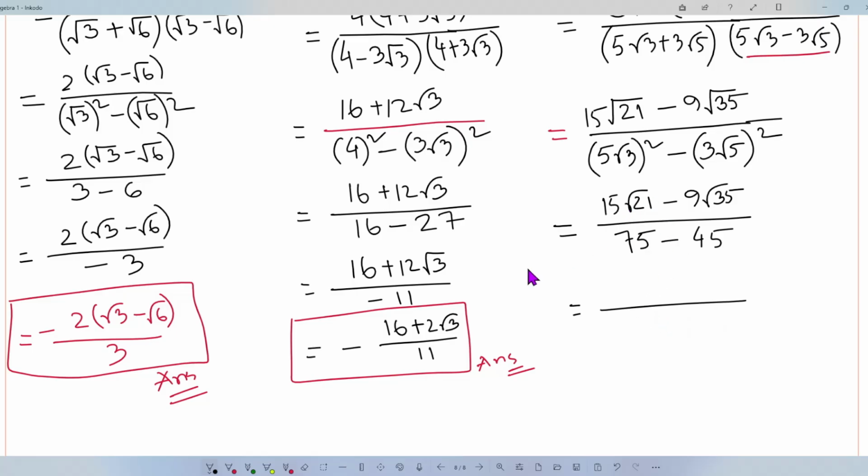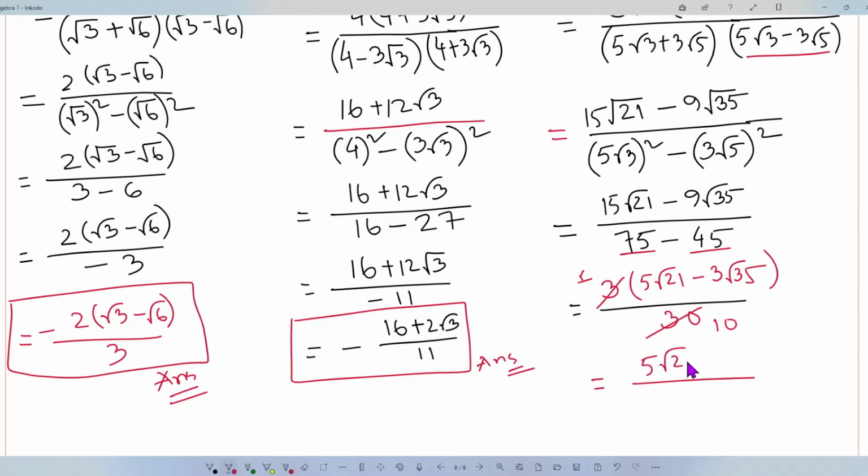Now here in the numerator we can take common 3, so here is 5 root 21 minus 3 root 35, and then here is 75 minus 45 is 30, so we can divide this 30 by 3, so here is 1 and here is 10. Our answer will be 5 root 21 minus 3 root 35 by 10. Okay, this is our answer.